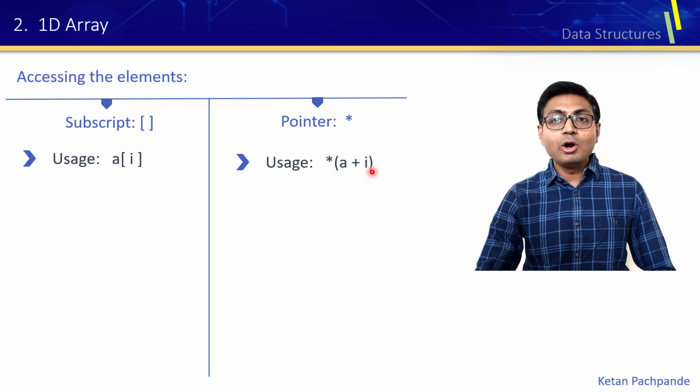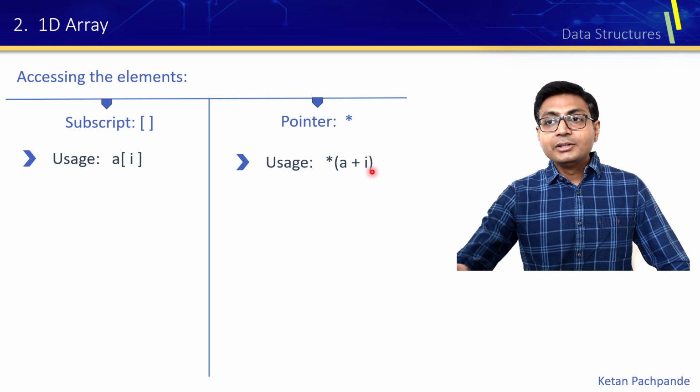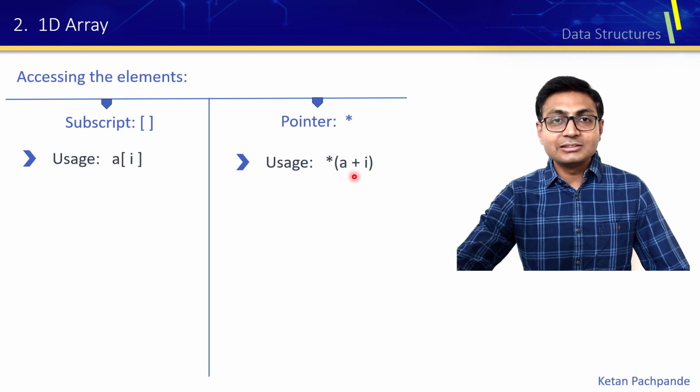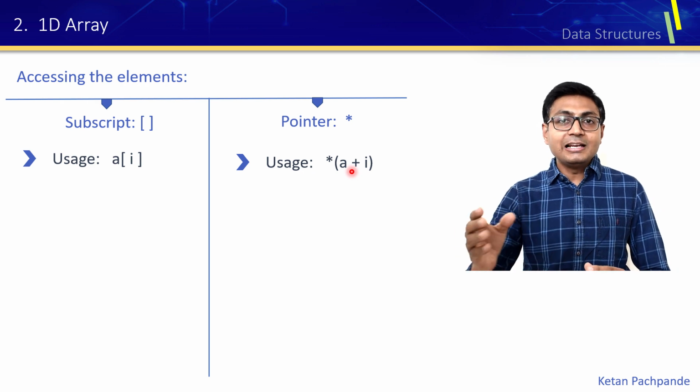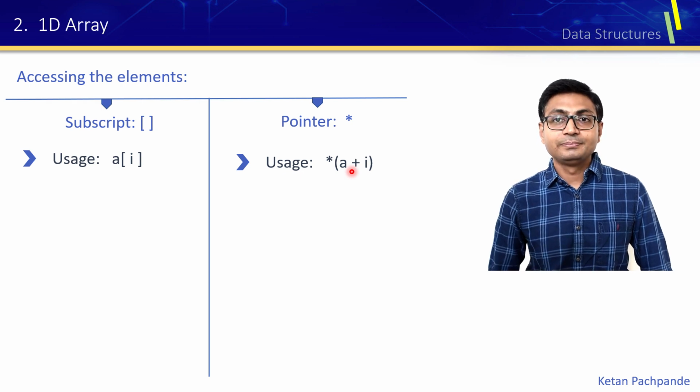For example, if you want the first element itself, meaning the 0th element, you have to say A plus 0, and you can access the value at that address with the help of the dereference operator. You can also say A plus 1, so it will point to the second element of the array. A plus 2, it will point to the third element of the array, and so on.